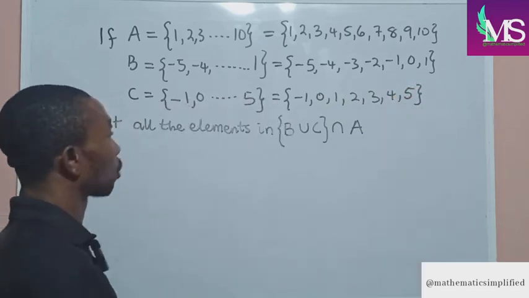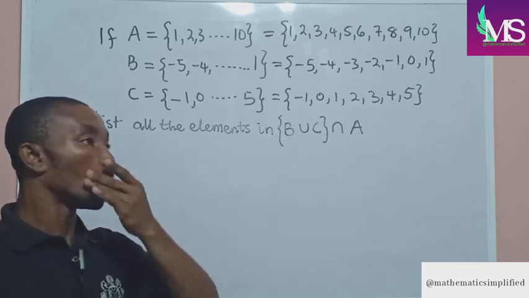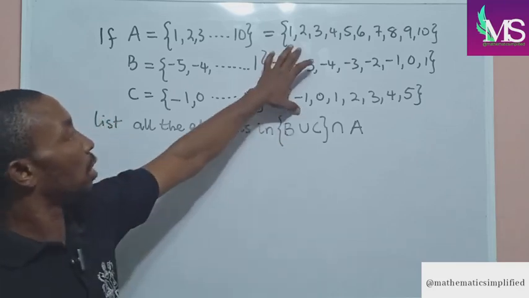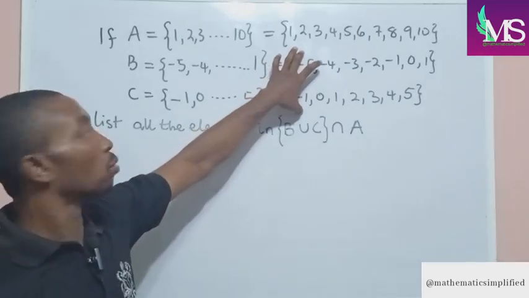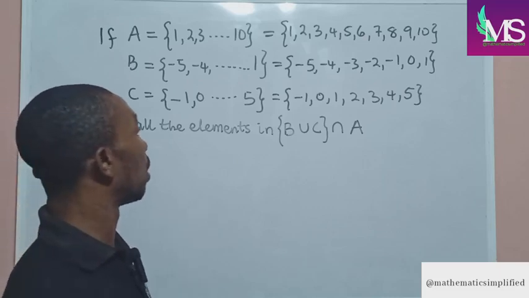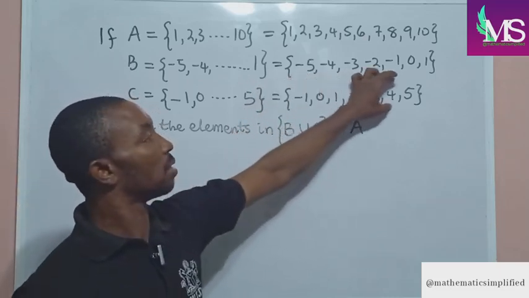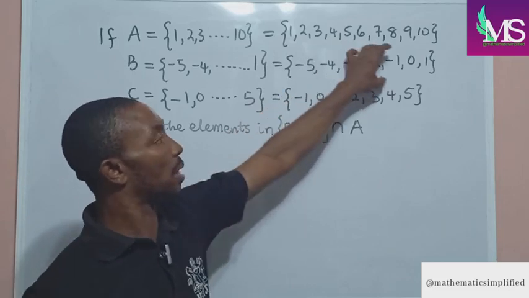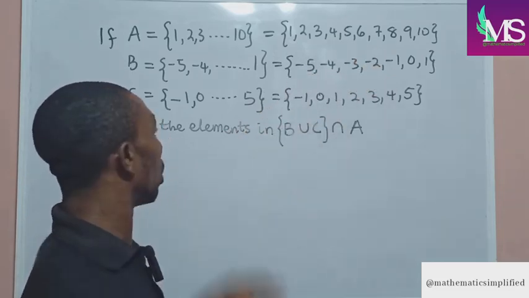Now, if we talk about B union C, it simply means joining these two sets together. The union means coming together. All the elements in B and all elements in C joined together.